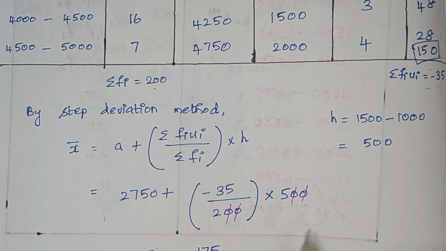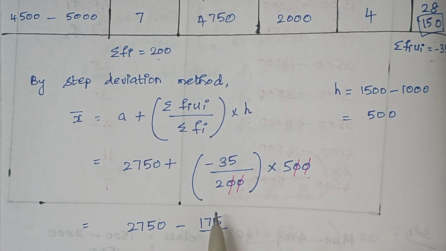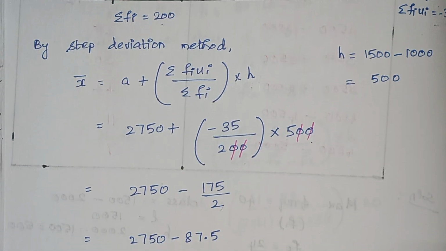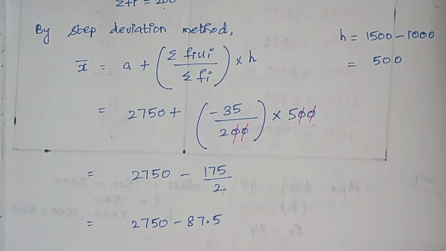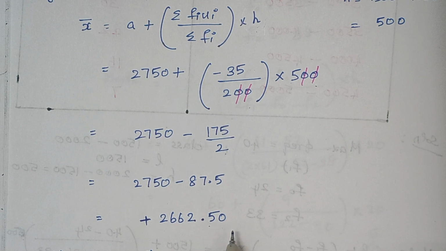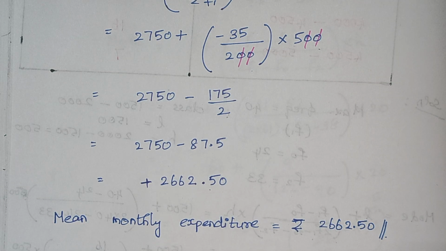Now you see these two zeros they cancel and 35 into 5 is 175 by 2. So when you divide, we are getting the answer as 87.5. So when you subtract, here we finally end up with the value 2662.50. So therefore the mean monthly expenditure is given by 2662.50 rupees. So this is the mean monthly expenditure of the families for the given data.